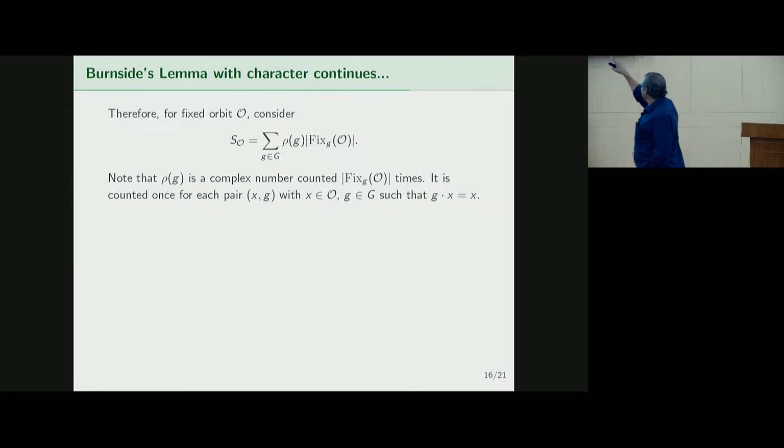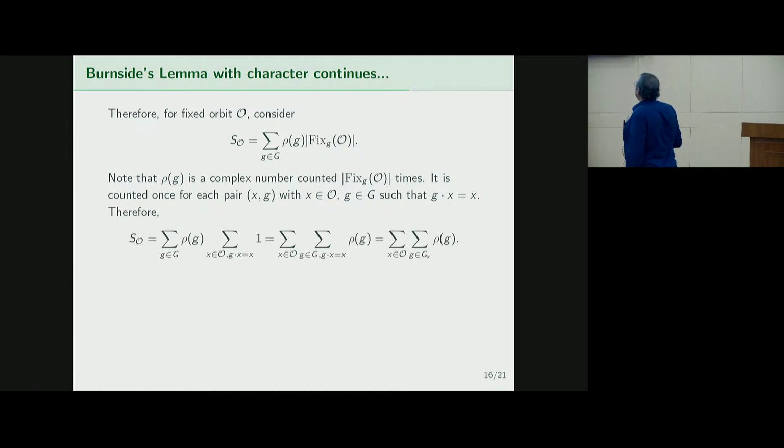So I am going to rewrite the right hand side sum in terms of the definitions. The first one is the usual one only. N_g I have written in terms of a formula: N_g counts the number of x inside O such that g dot x equals x. That is what I have written in the second sum.